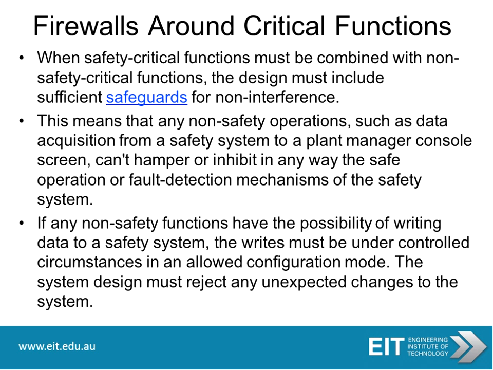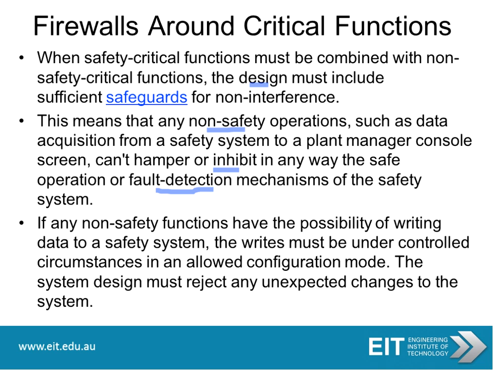Then firewalls around critical functions. When your safety critical functions must be combined with non-safety critical functions, the design must include sufficient safeguards for non-interference. That means any non-safety operations, such as data acquisition from the safety system to a plant manager console screen, can't hamper or inhibit in any way the safe operation or the fault detection mechanisms of your safety system.